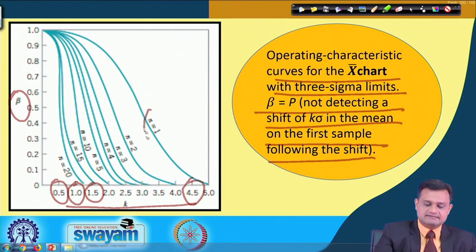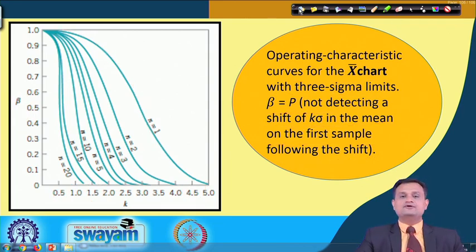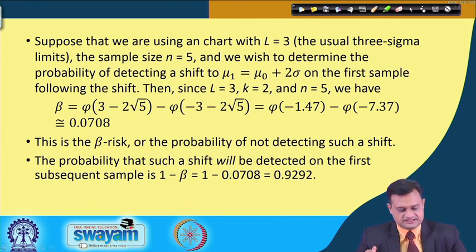Now you have the sample. So you can easily plot this curve, which is called operating characteristic curve, by finding the various values of beta, type 2 error, for your shift in say mean by K sigma. And the beta expression, if you recall, needs your value of n, it needs your sigma, it needs K, the sigma shift.